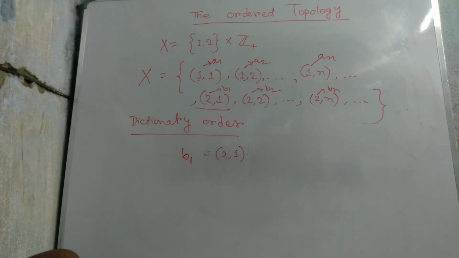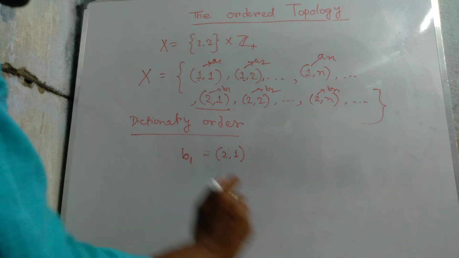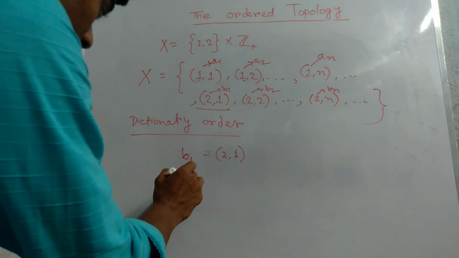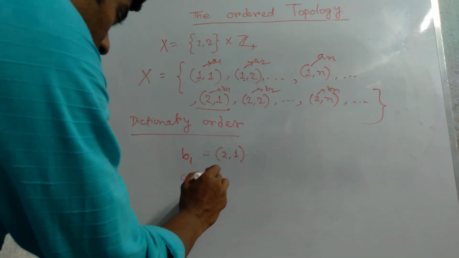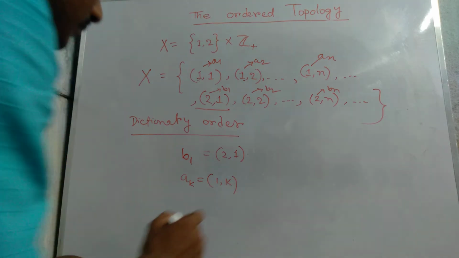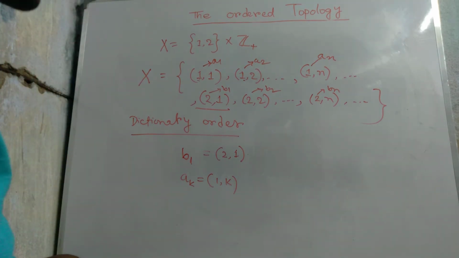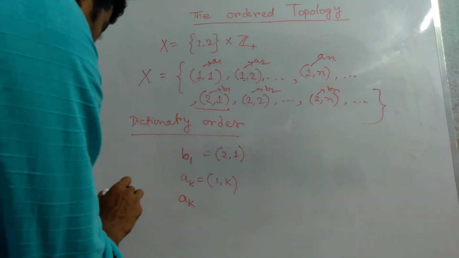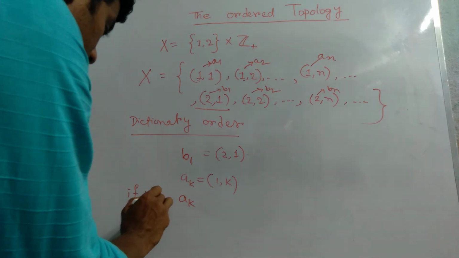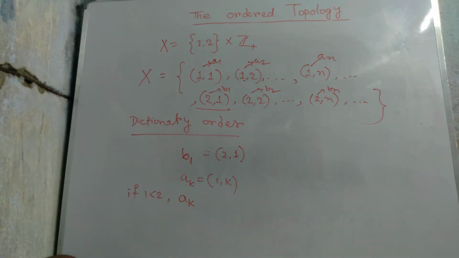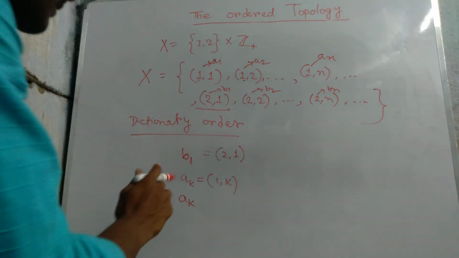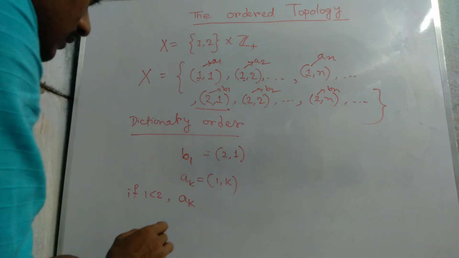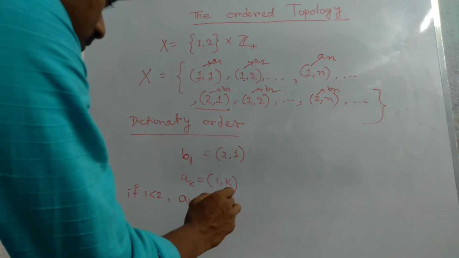This one is not discrete. If we consider Ak, that means Ak with 1 less than 2, obviously Ak is less than B1 in dictionary order.